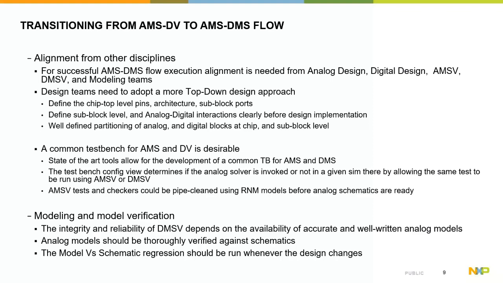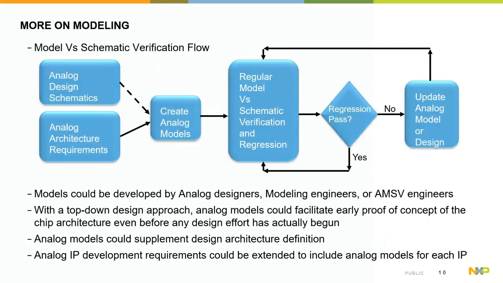So here I try to present a flow that could be used for a robust analog model versus schematic verification. Generally, analog models are created either from the analog architecture requirements or from schematics, if the schematics are available.